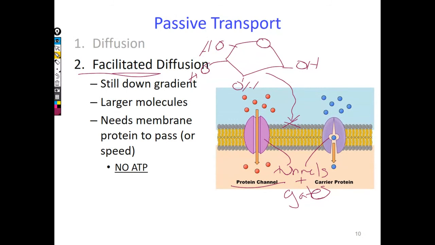They still act like security guards, and so they won't just allow anything through. But they're big enough to allow good, delicious, important things to be able to pass across now. Oxygen and carbon dioxide can use these too, and they can get across much faster than squeezing themselves across the membrane. But for the most part, our chonkers are using this.